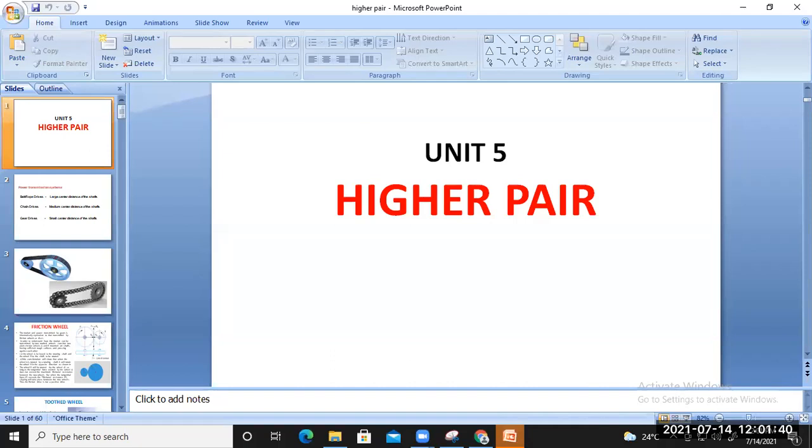Right. So we are discussing about Unit 5 higher pair. So in this Unit 5 higher pair, mainly two parts we have. Okay, 80% first part, 20% second part. So first part, last topic we are discussing. Second part, gear trains concepts, small concept is there.